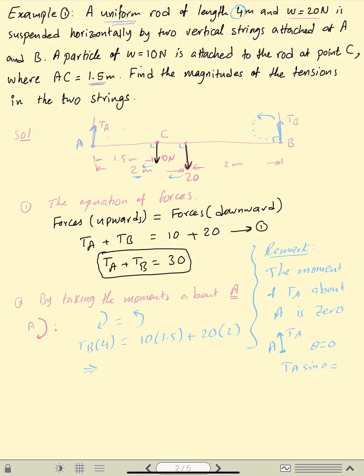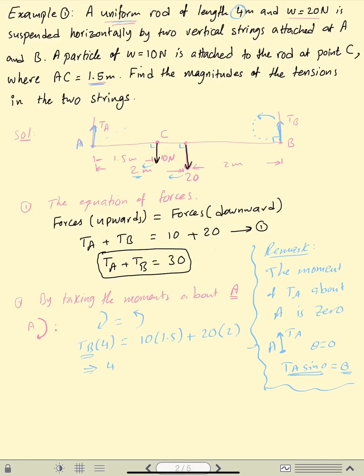Sine 0 is 0. Simple like this. Always, in simple words, the moment of a force at the same point is always 0 because the angle is 0. So you will get only one equation for one unknown, which is tension at B.